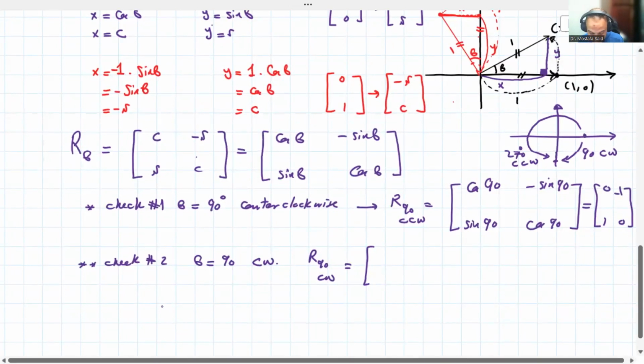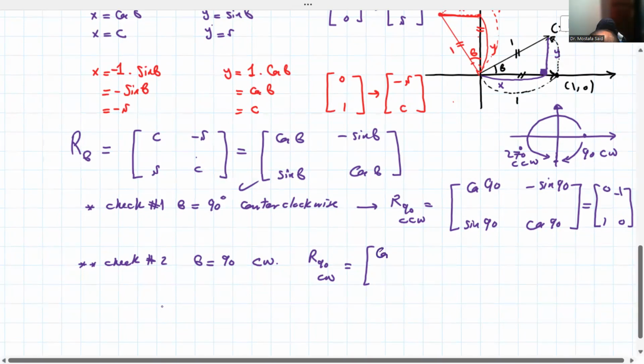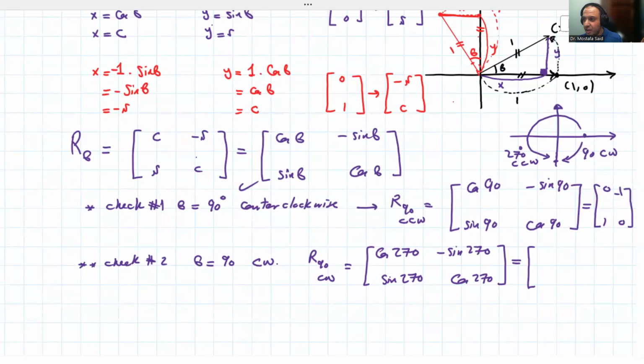Because theta in this general formula is assumed to be measured in a counterclockwise direction from the x-axis. That's very important. So this will be cosine 270, minus sine 270, sine 270, cosine 270. I don't like to speculate, so let's just do it online.